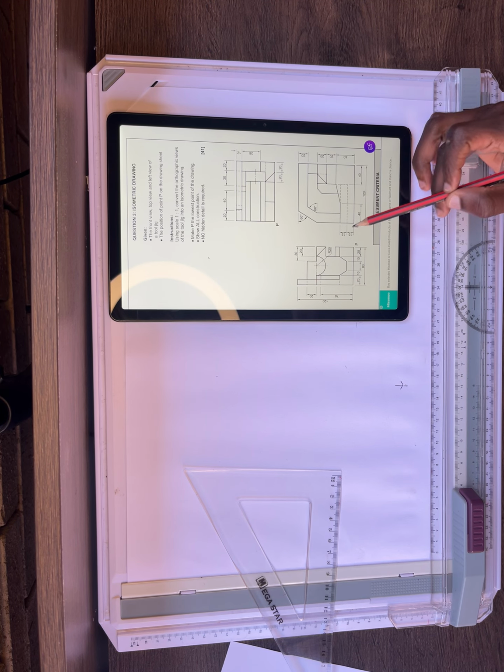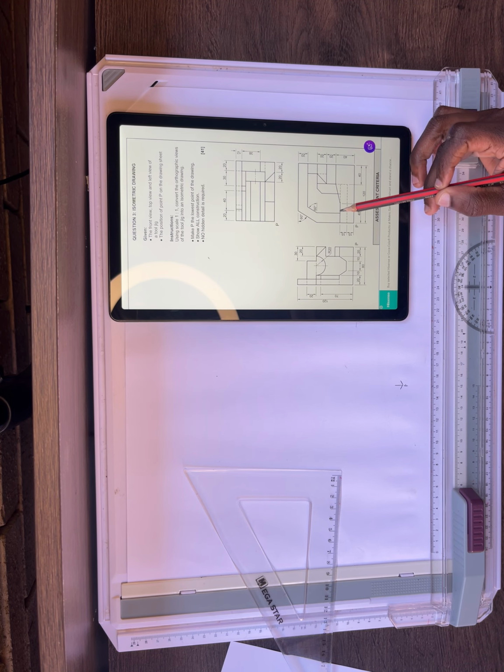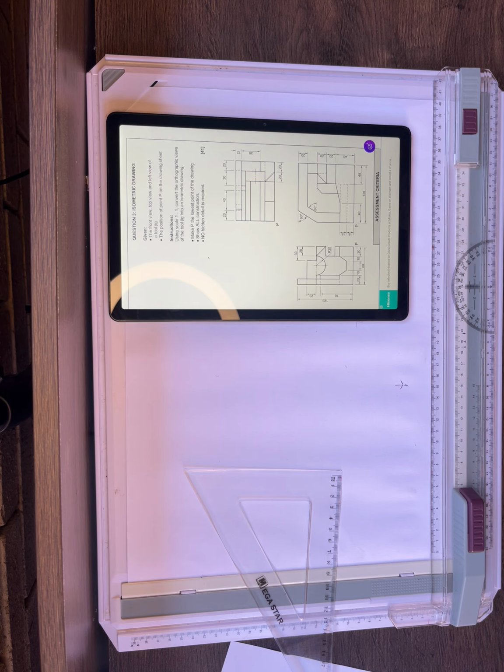In the front view, we have this piece that is attached to the starting point P. In my left view, we have this piece attached to P. In the top view, we have this piece attached to P. So we first have to start with those pieces before we can start drawing the other pieces.